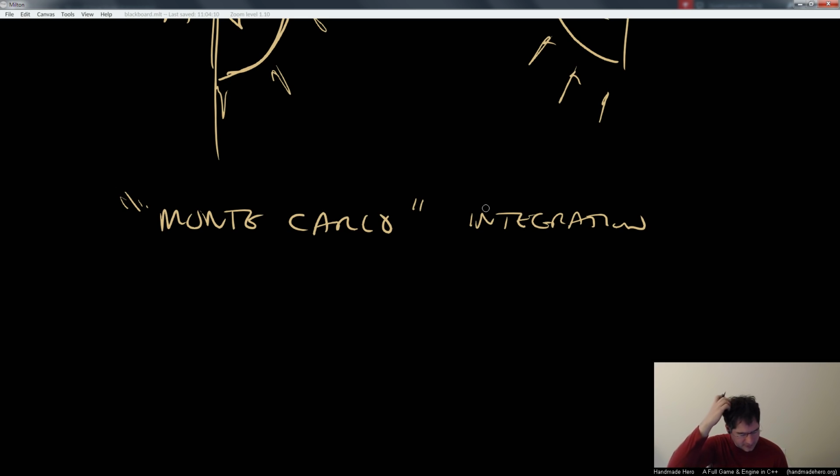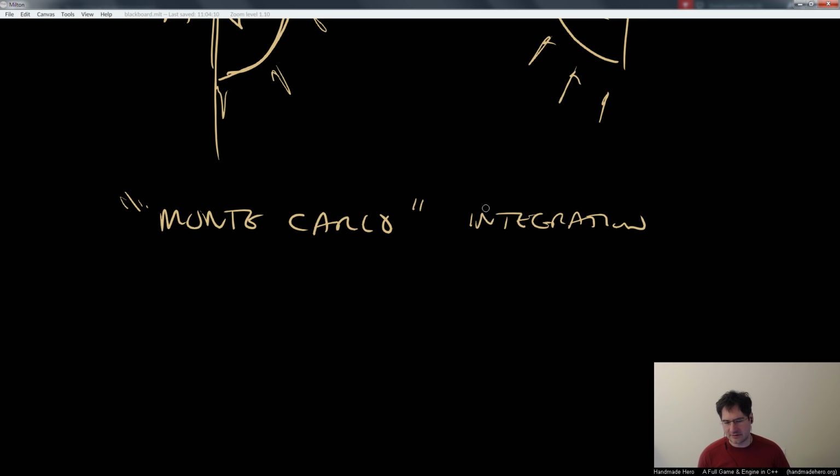It's called Monte Carlo integration, and obviously Monte Carlo refers to the gambling aspect of it. But really, all that it means is they're randomized integration schemes.